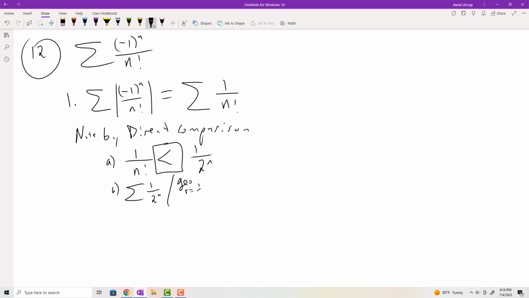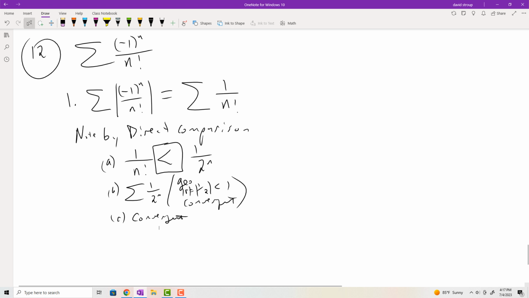The r value is 1/2, so the absolute value of r is less than 1, therefore it's convergent. Both series are convergent, so that tells us the series is absolutely convergent.